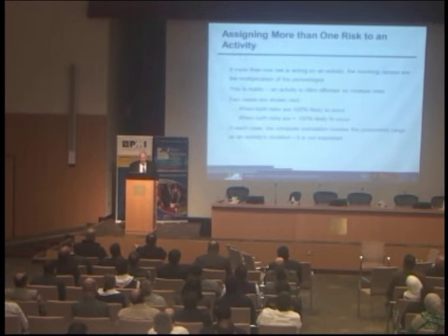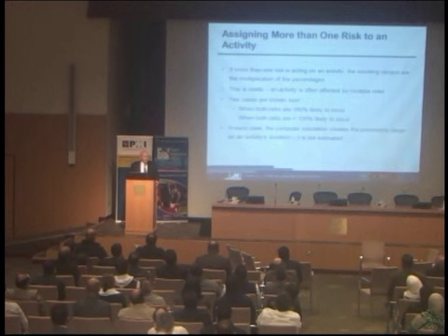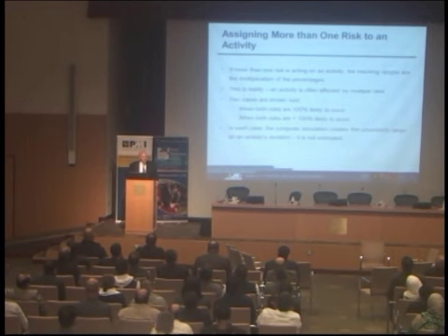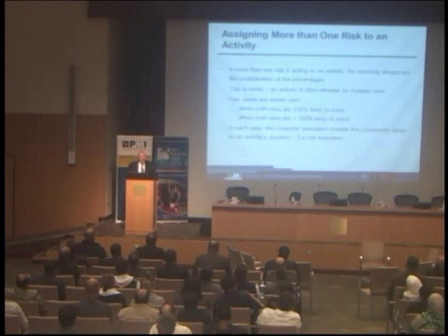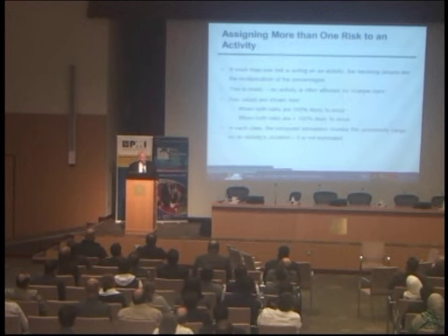So let's see, assigning more than one risk to an activity. Obviously, risk can be assigned to multiple activities, and one risk might affect all construction, and another risk might affect all piping, another risk might affect all instrumentation. Pretty soon you have some of the piping construction activities actually being affected by 3 or 4 or more risks. That's partly because the risk interview is held at a sort of strategic level.